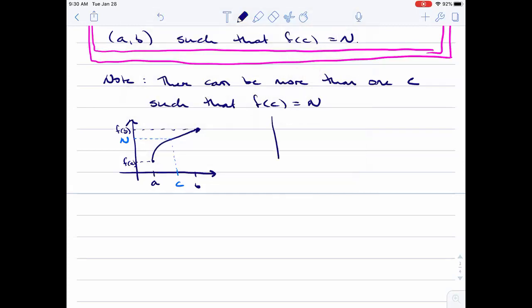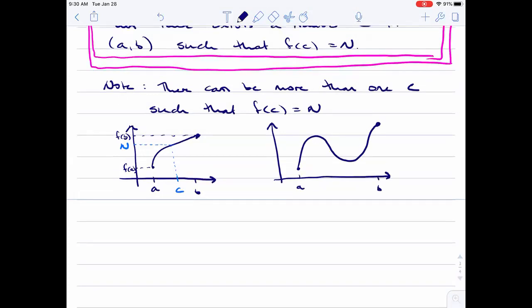You can even have multiples, like we said, multiple C's that make that happen. That's if you have something that looks like maybe this, where this is A and this is B. Now here I am at f of a, and here I am at f of b.